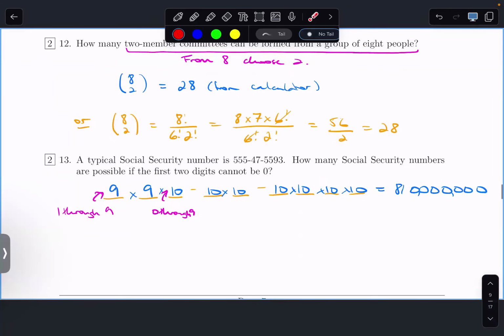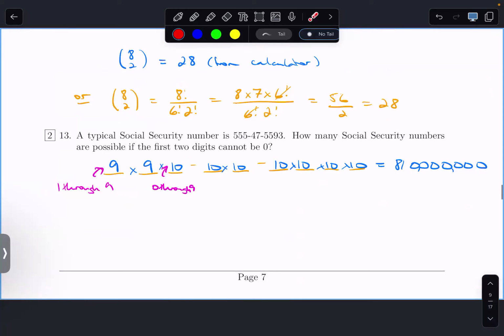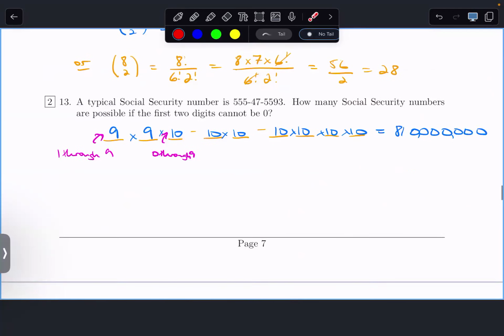Because, okay, I like these ones. What do you think? So it's the license plate ones or phone number or something like that. A typical social security number has this format. How many social security numbers are possible if the first 2 digits cannot be 0?